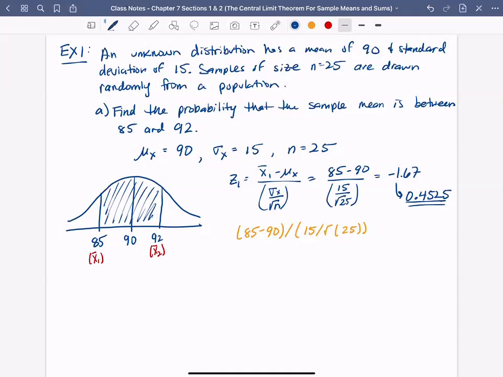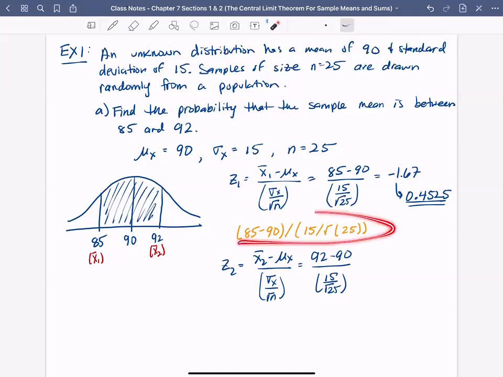Now I have to find our second z value. And we're using our other data value. This one's 92, so 92 minus 90 divided by 15 divided by the square root of 25. And you're going to put exactly the same thing as you did here, except instead of 85, it's just going to be 92. Right?